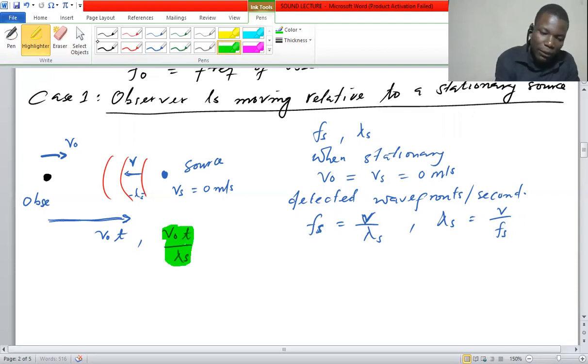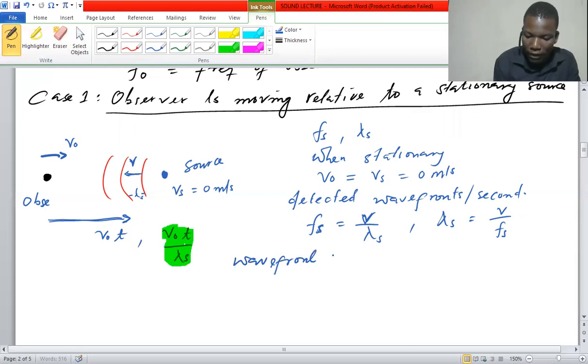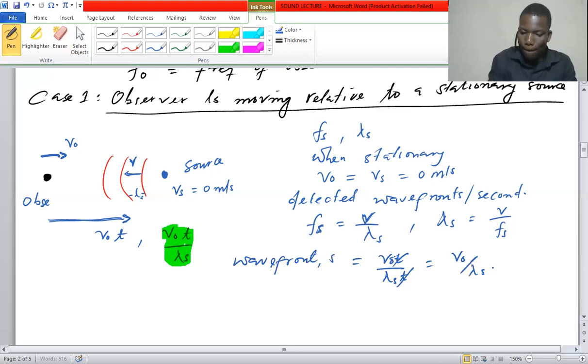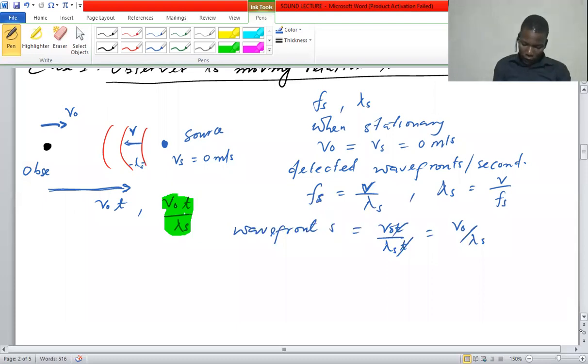So the wavefront per second is actually going to be v naught t over lambda t, and those t's will go, so we have v naught over lambda. Okay, so what we're going to have now, the frequency that is going to be heard by the observer is going to increase.